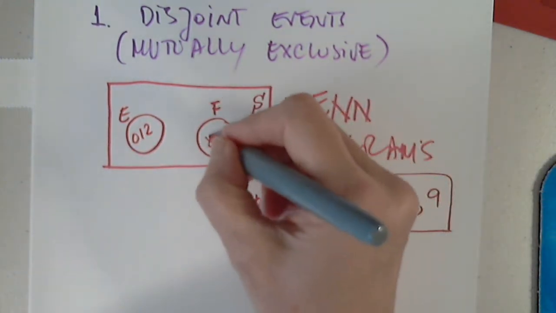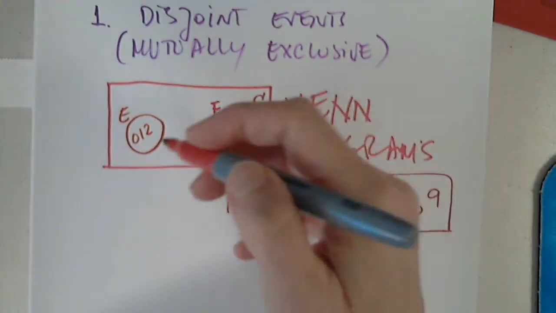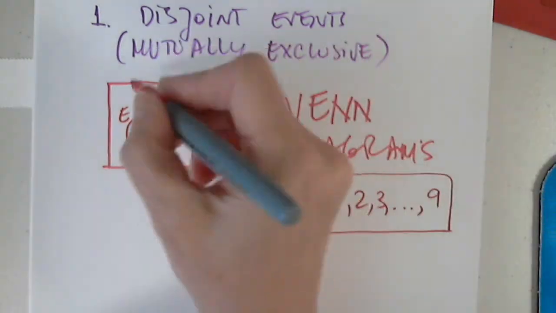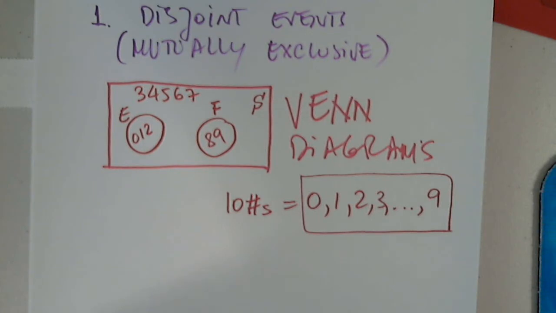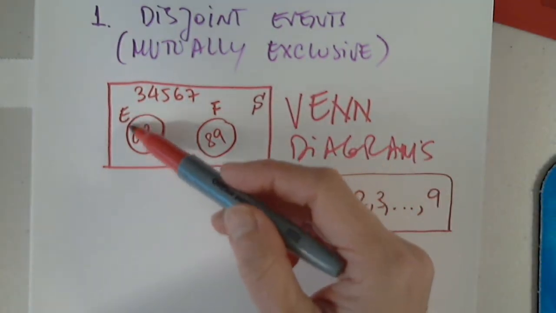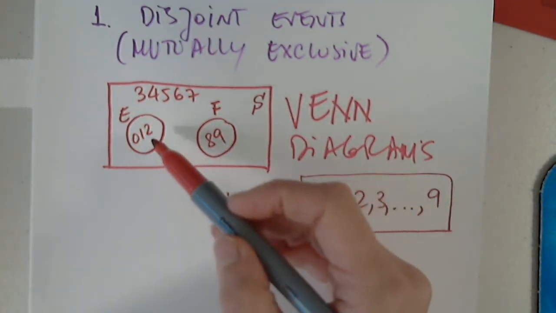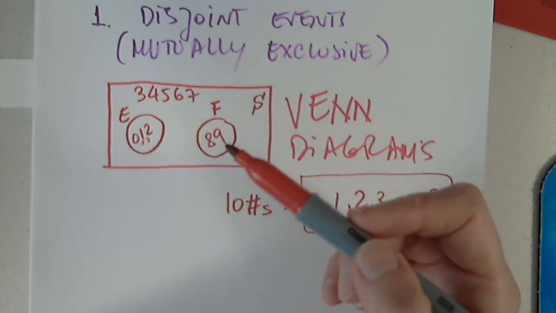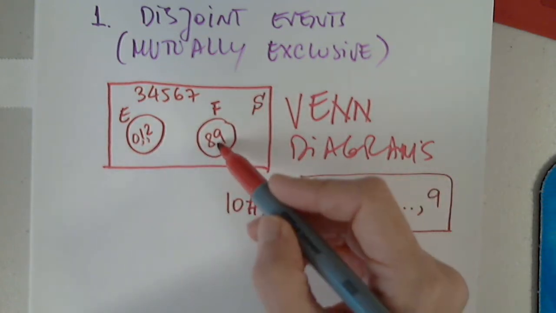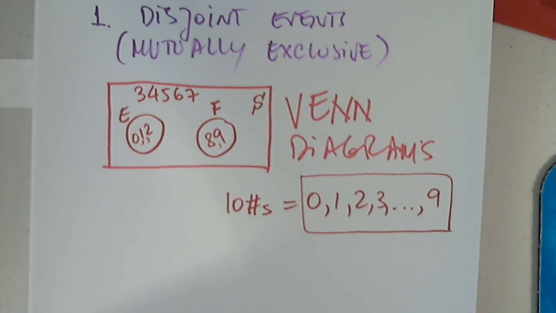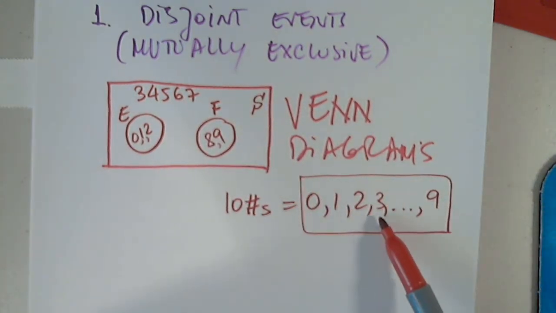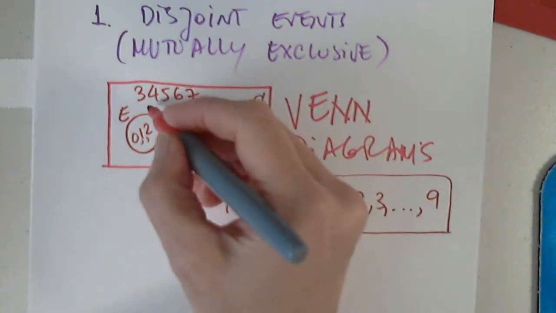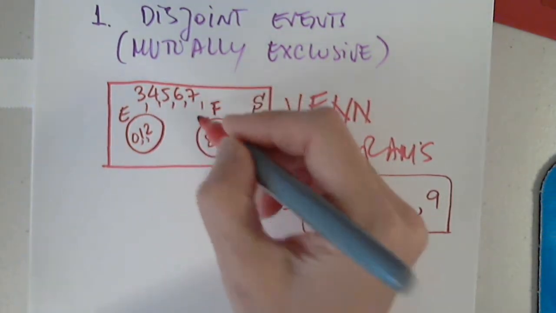I like this example from your text. And everything else is here. So 3, 4, 5, 6, and 7. So event E consists of numbers 0, 1, and 2. Event F is like selecting 8 and 9. Everything else, all the other numbers between 3 and 7, are outside of these two events.